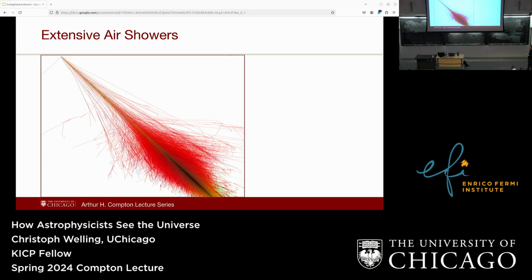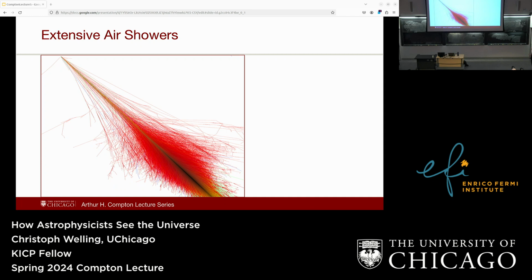And this is an example for a very high energy shower done with a software called CORSIKA. So you can see here, this is where the initial interaction is, and then you have these particles propagating, and at some point you have this maximum where you have a lot of particles, and then the shower is slowly dying out.